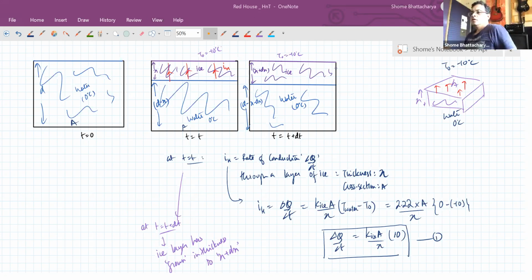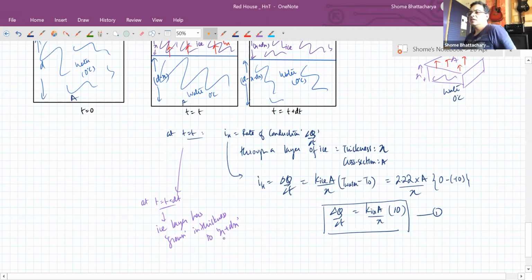Okay, so now going from T to T plus dt, this thickness has grown by this much. So how much ice has formed? So the amount of ice formed or the amount of water frozen, that will be density of ice into volume of ice formed.